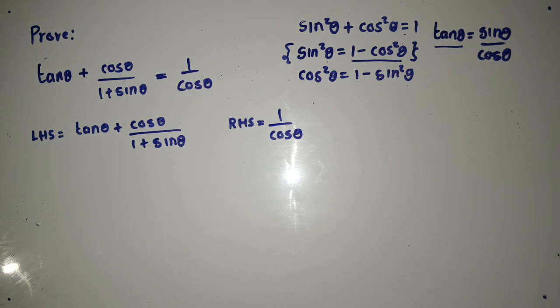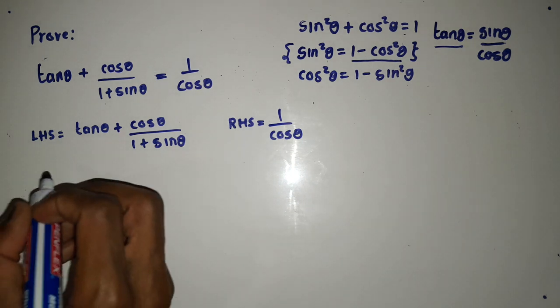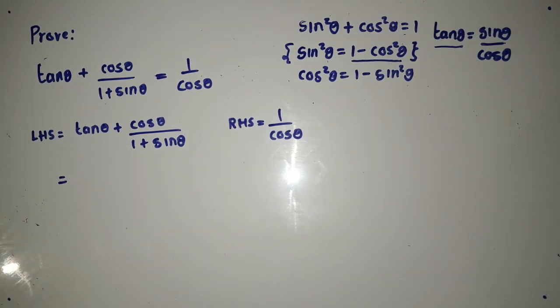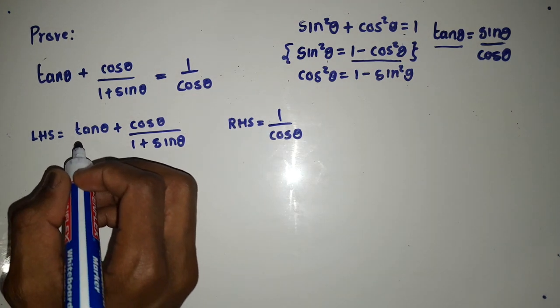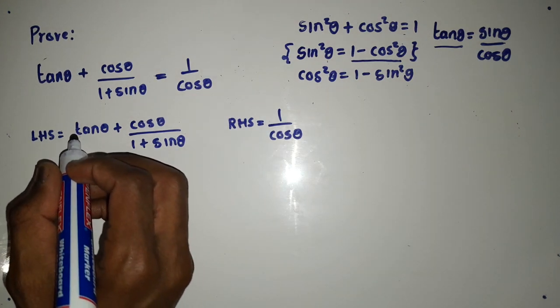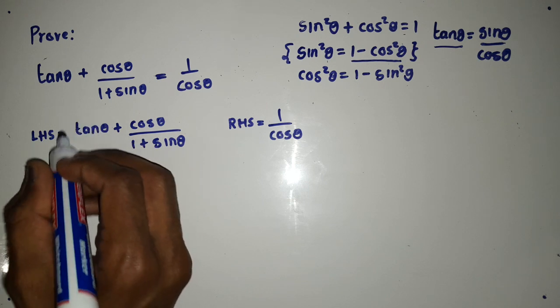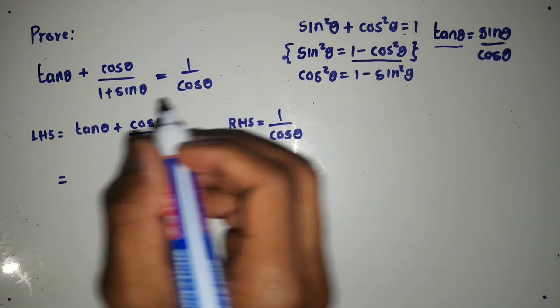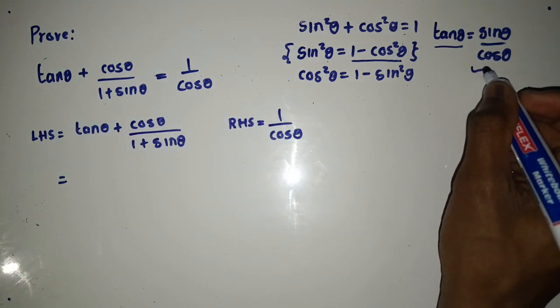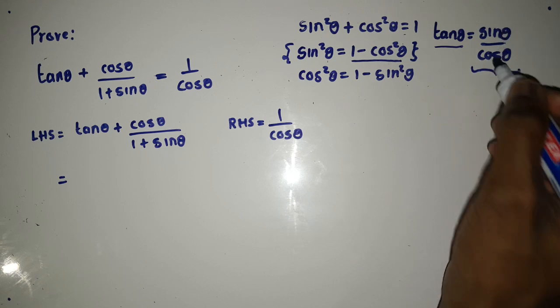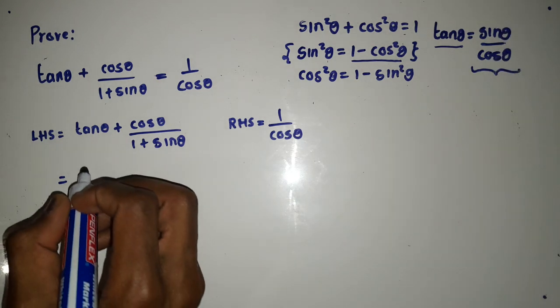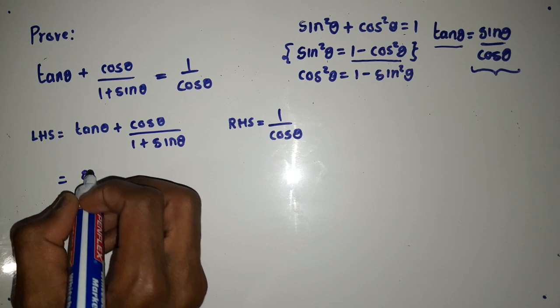You see? Then now, which one is more complicated? Left hand side? If you were to look carefully, do you see tan theta? Let us go back to our quotient identity. It's going to be sine all over cos. Let us write it somewhere here.